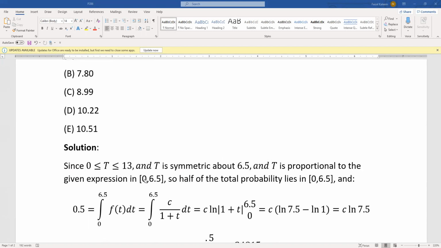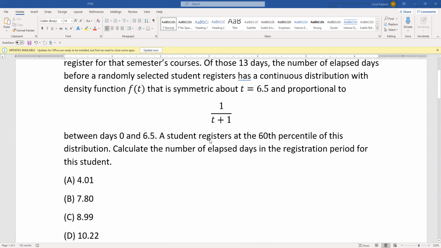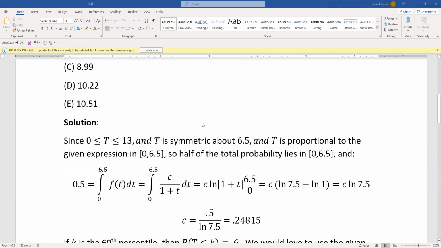that between 0 and 6.5, we have half of the probability. So 0.5 is the integral from 0 to 6.5 of f(t). We are also told that between 0 and 6.5, the PDF is proportional to 1 over t plus 1, so it equals a constant over t plus 1.